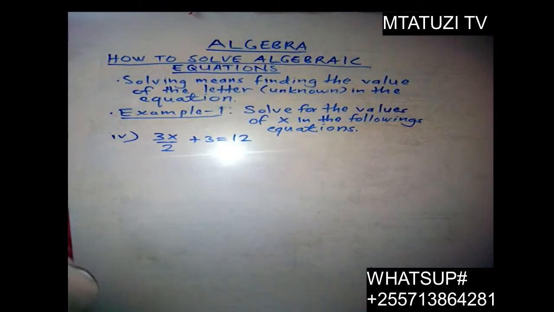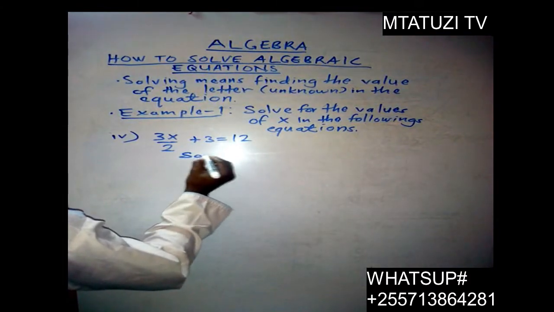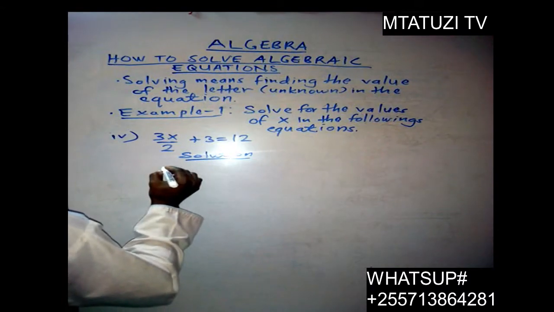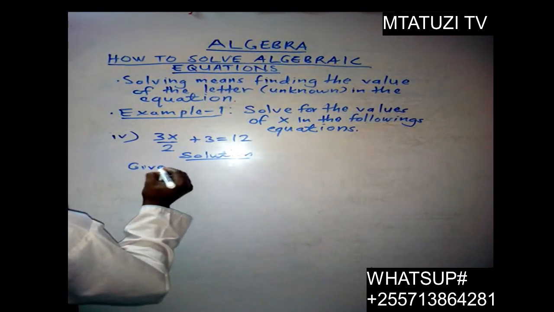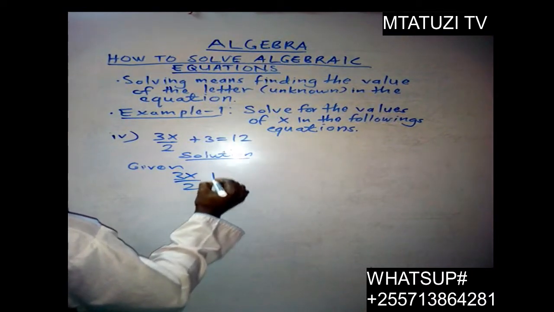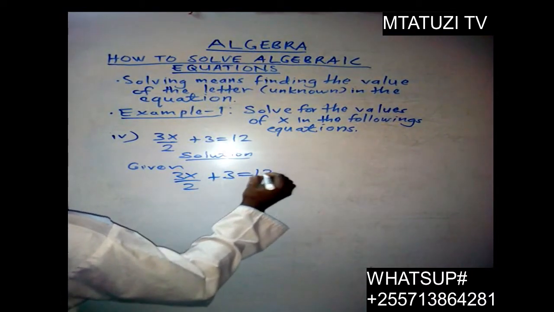So now we want to know the value of x. Solution. We want to solve for the value of x. We are given 3x divided by 2 plus 3 is equal to 12.